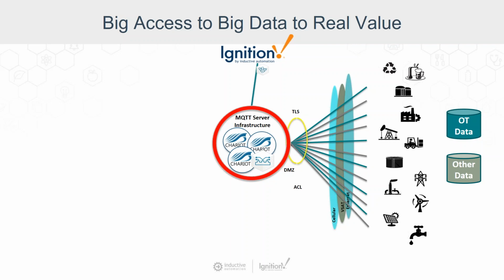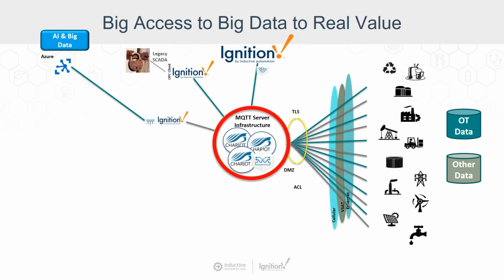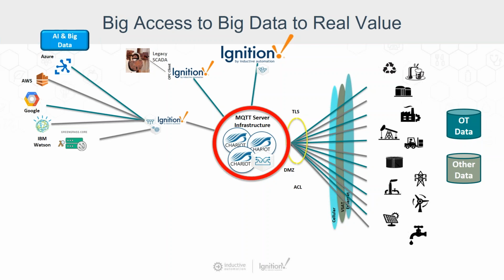So once I get that data published into that MQTT server infrastructure, I can plug in Ignition Central SCADA, and we can do a lot with it from a SCADA perspective. We can also get information to other systems, more protocol conversion type stuff there. We can plug in another system to bring data directly to the cloud. Remember, we want to bring it to Azure, or AWS, or Google Cloud, or IBM Watson, things that Carrie was mentioning before. So we can start taking advantage of machine learning analytics.